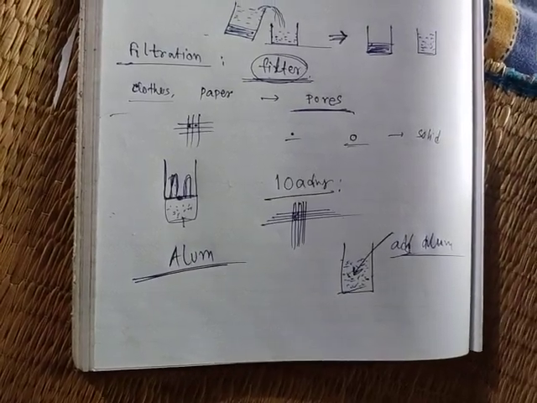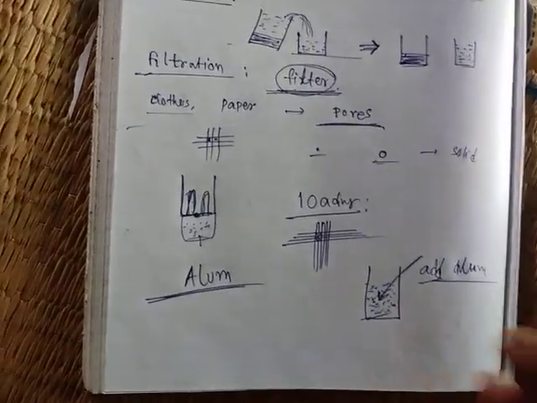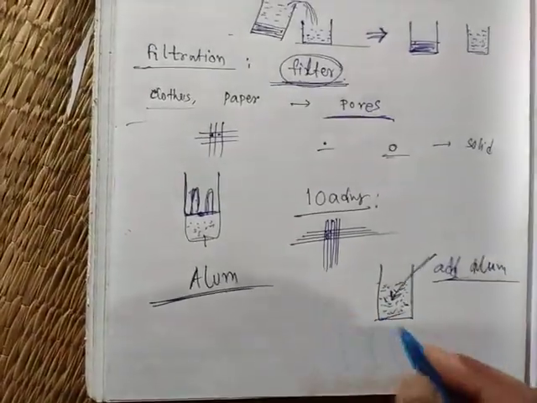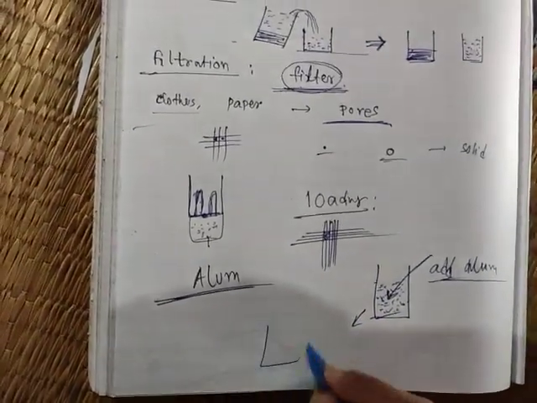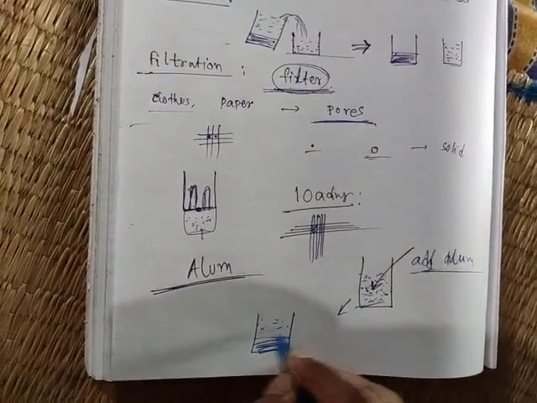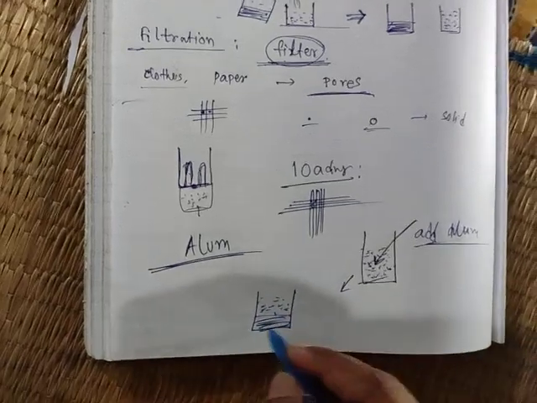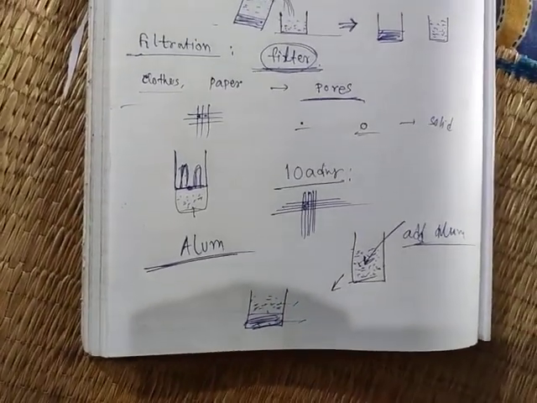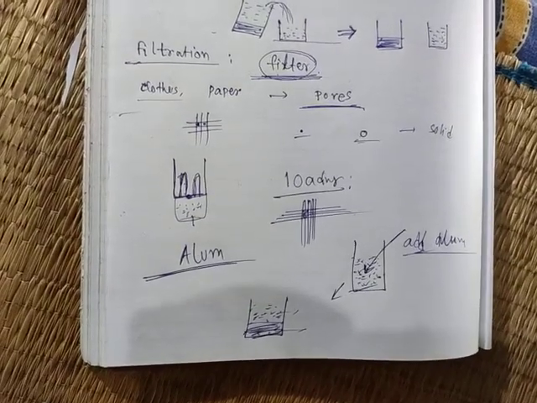Okay, then what will happen? Then the soil particles become very heavy, and they settle to the bottom of the container. Then we can easily separate the solid and the liquid. Understand?